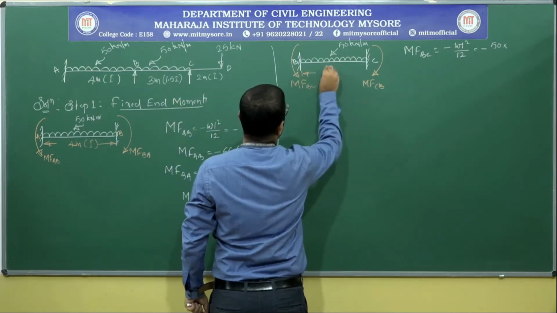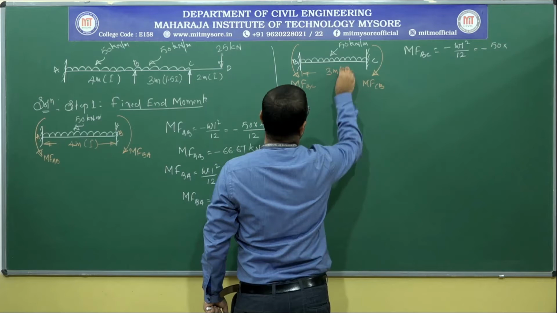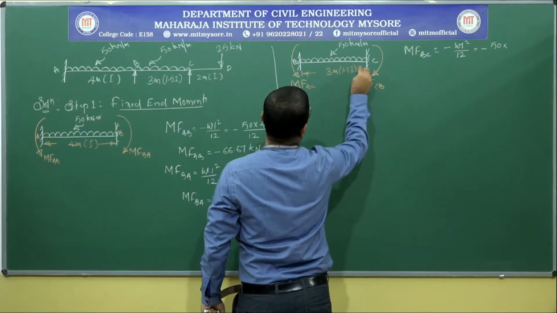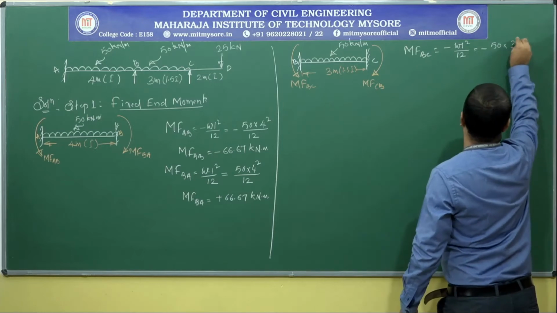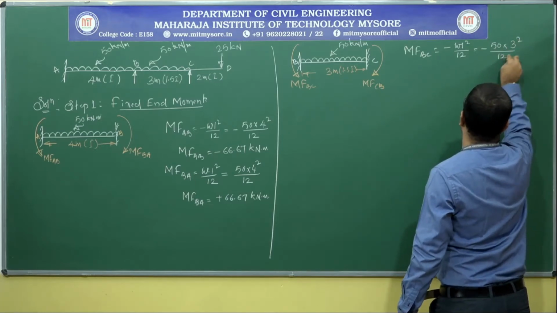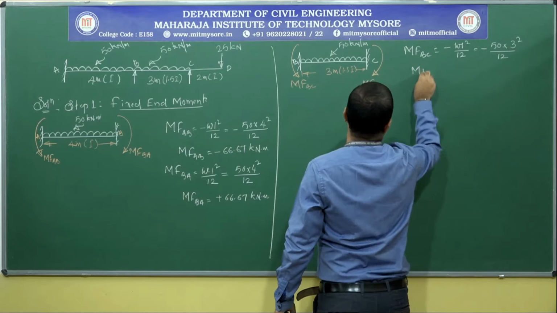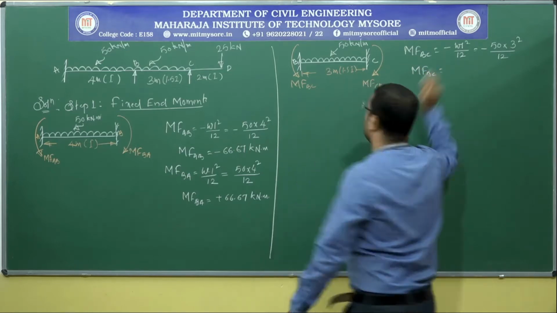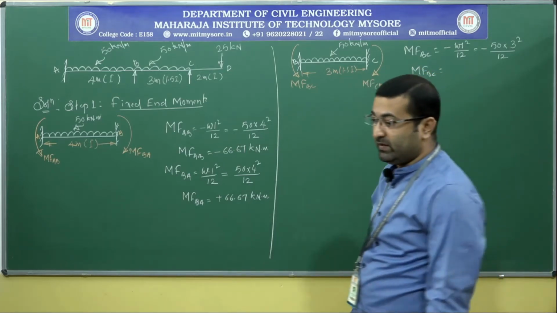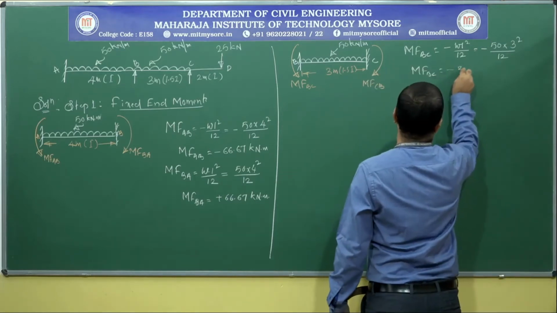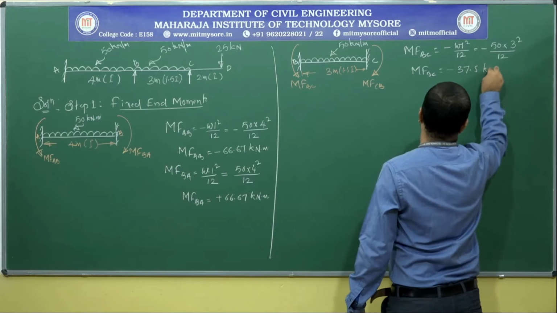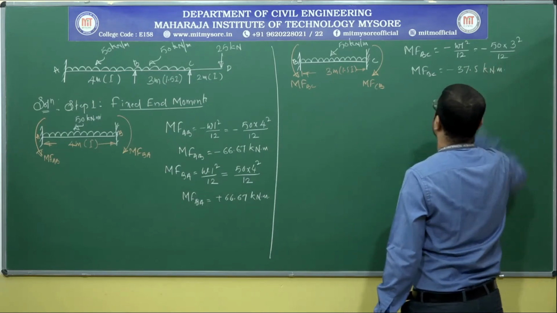So, here the span is 3 meters where I is 1.5 I. Okay. So, it is 3 square divided by 12. If you solve this, you will get MFBC as minus 37.5 kilonewton meter.